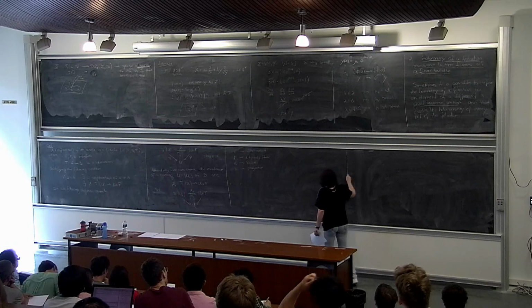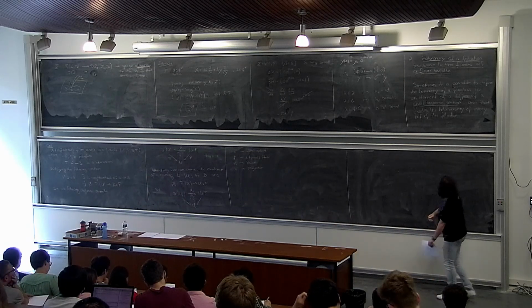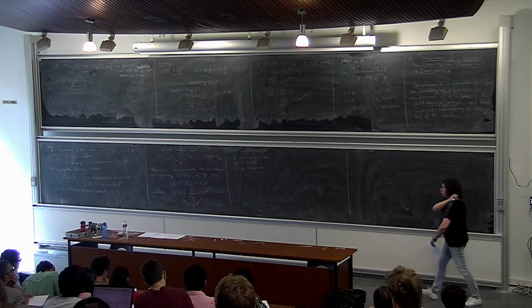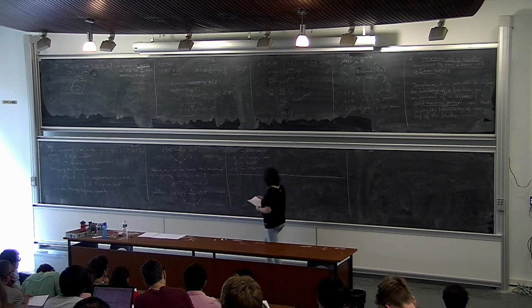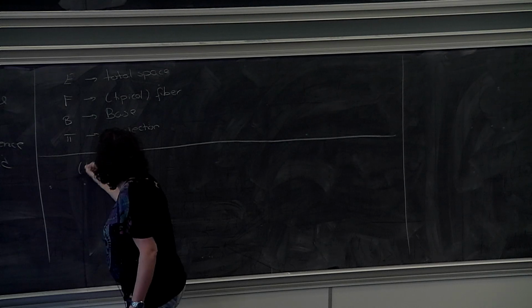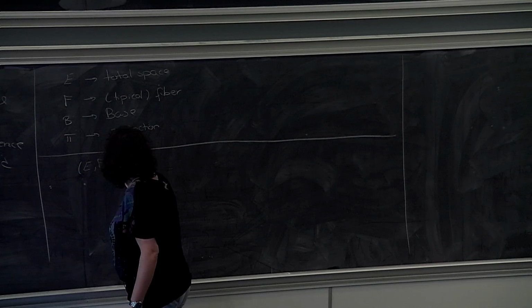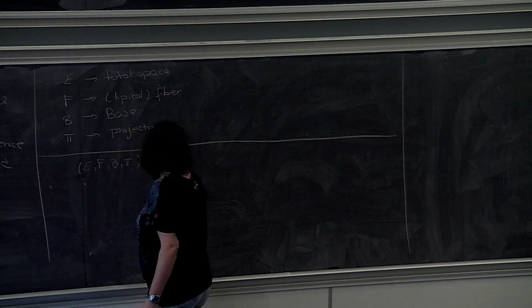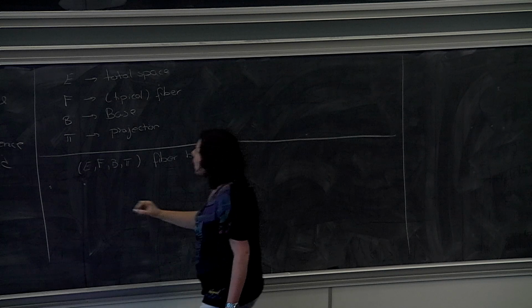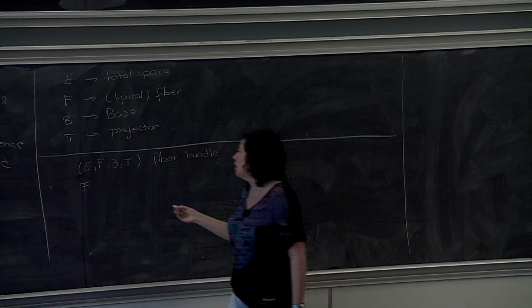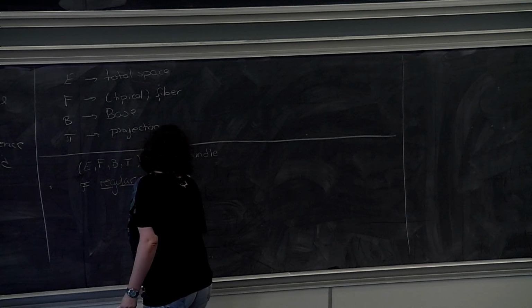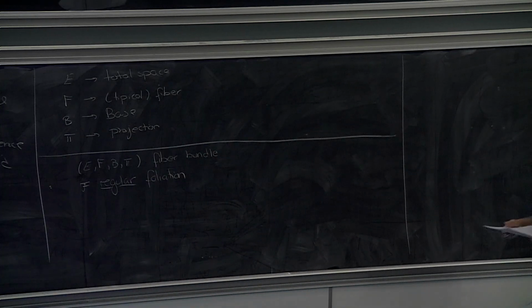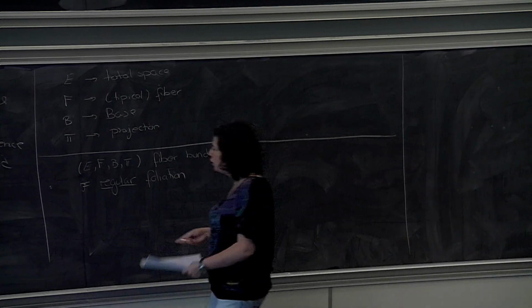Okay, so I'm going to define now what a foliation transverse to the fibers of a fiber bundle is. Let me take E, F, B, pi, a fiber bundle. Let me take F, a regular foliation on E, the total space. I will say later the adaptation to a singular foliation, but for instance, I consider a regular foliation.